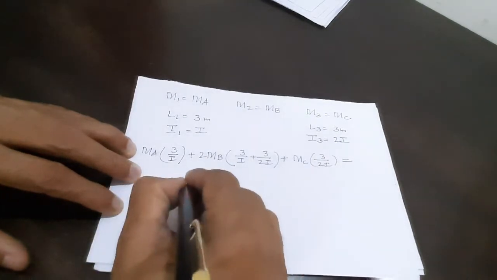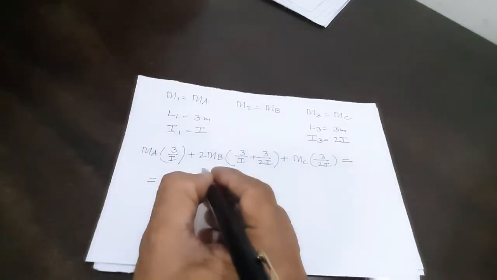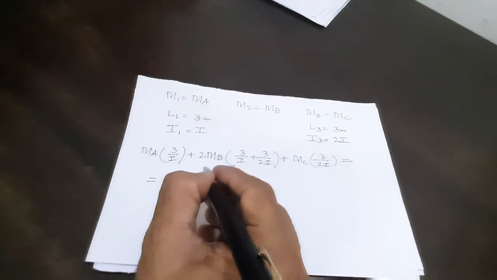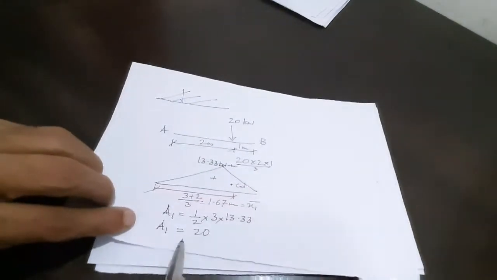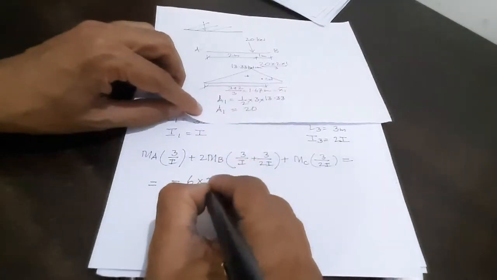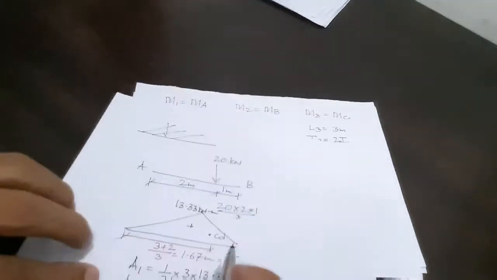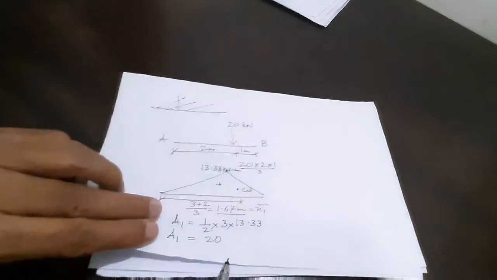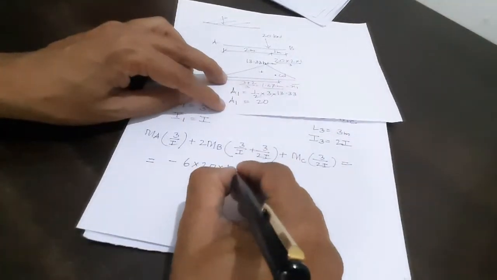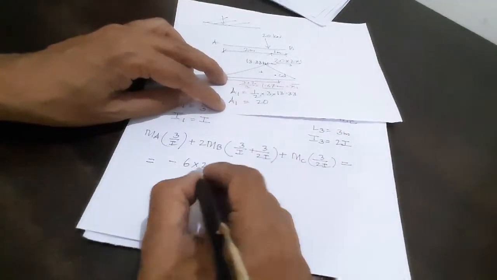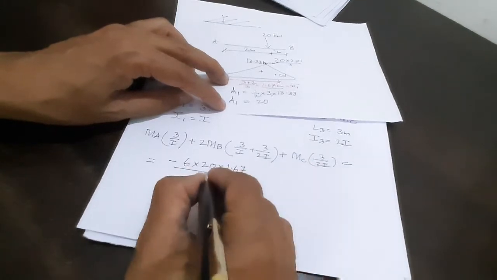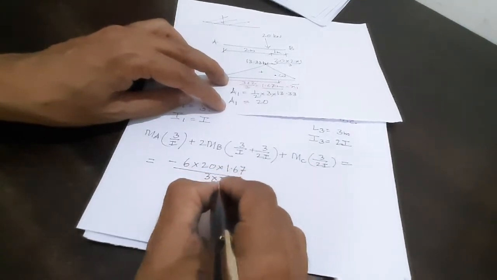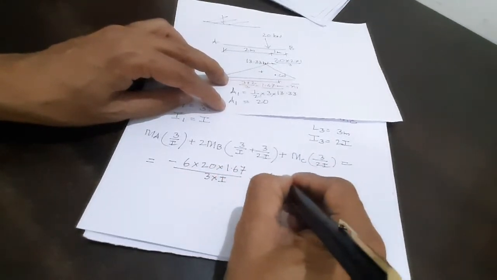this left hand side is equal to minus 6. What is A1? A1 I know, already calculated, A1 is 20. So minus 6 into 20 into X1 bar. X1 bar I know, 1.67 meter distance from the left hand support. So it will be minus 6 into 20 into 1.67 upon I1 L1, 3 into I, minus 6 into.